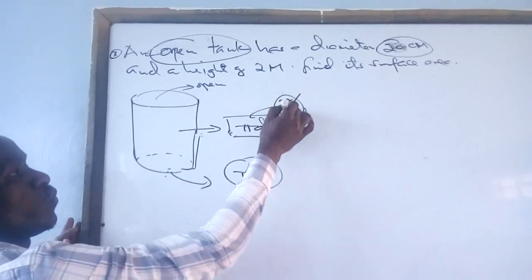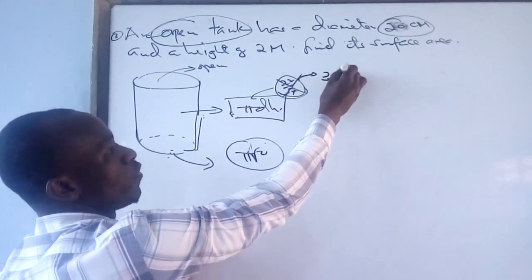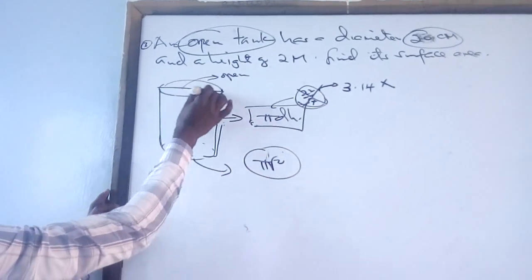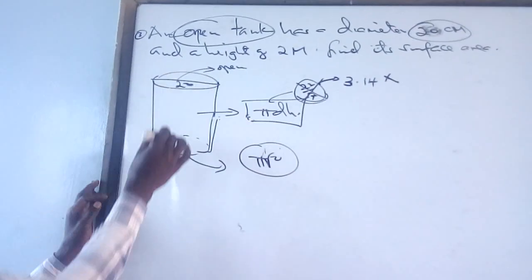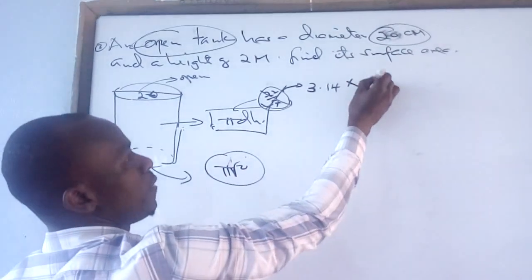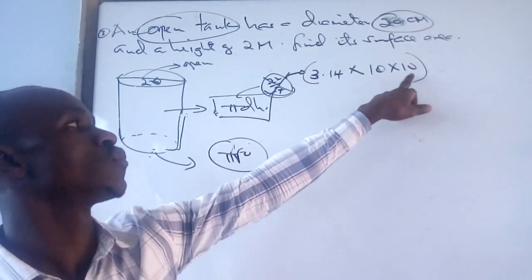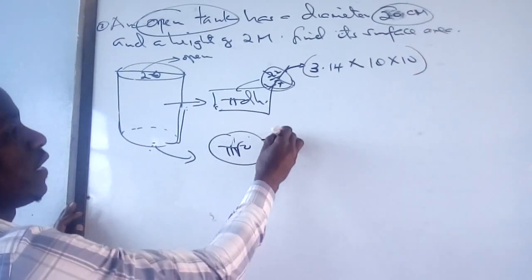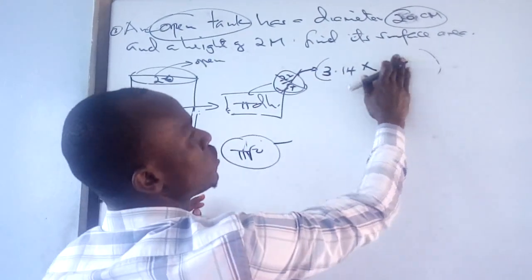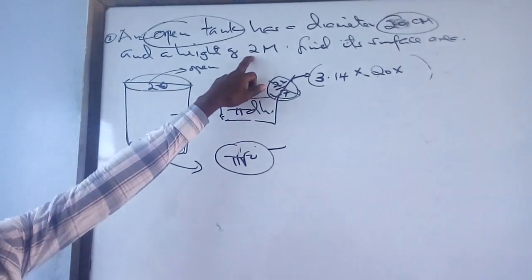So in this case, we are advised to use the other pi, which is 3.14, times our diameter of 20. Our radius in this case will be 10, so for pi r squared you multiply by 10 by 10. Sorry, the curved surface should be pi dh, so this should be our diameter, and we multiply by our height, which is 2 meters.